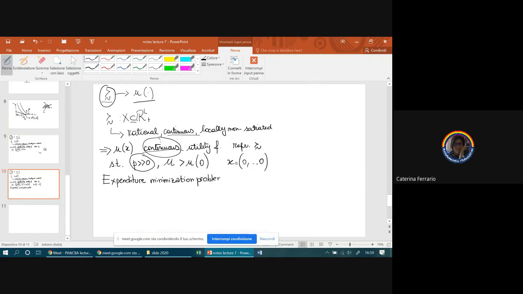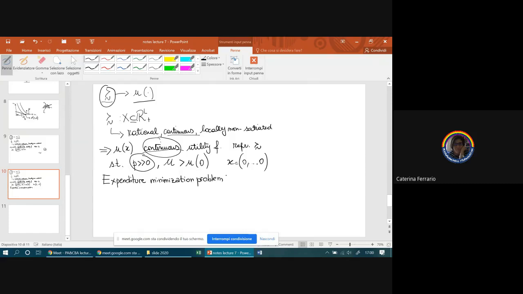So we said before that the problem for the consumer was to find its best consumption bundle, the consumption bundle that was maximizing his utility, given that expenditure was within a given limit. So expenditure was less than the maximum wealth of the consumer.